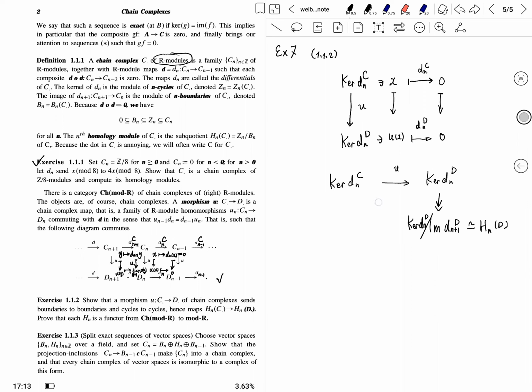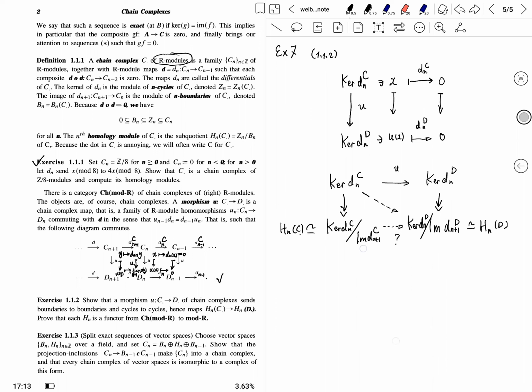You have this map from the kernel to the nth homology group of D, but the question is, do we have a map from the nth homology of C to there? And the answer is yes.